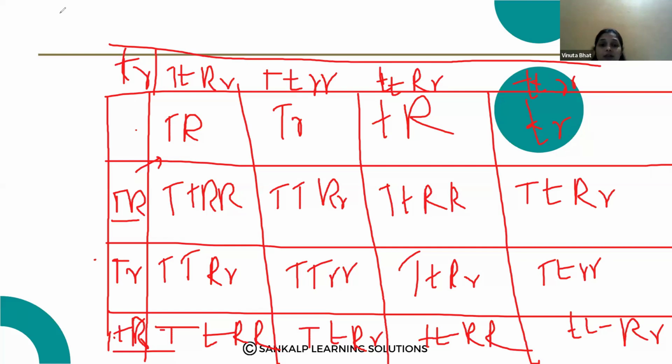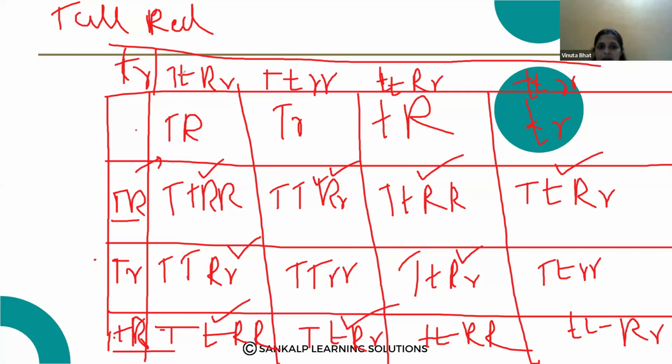Here, what is the ratio of the plants, what are the types of the plants? Tall red color flowering plants: 1, 2, 3, 4, 5, 6, 7, 8, and here 9. Total tall red color flowering plants, they are 9. Then dwarf red color.